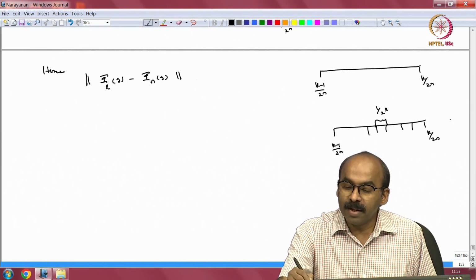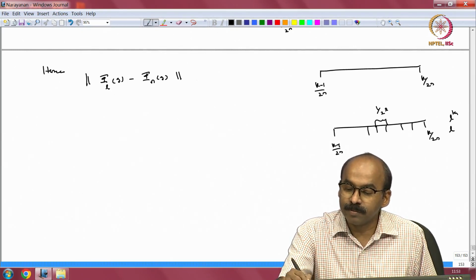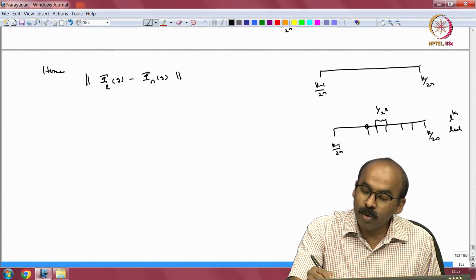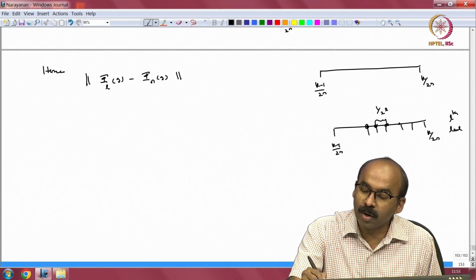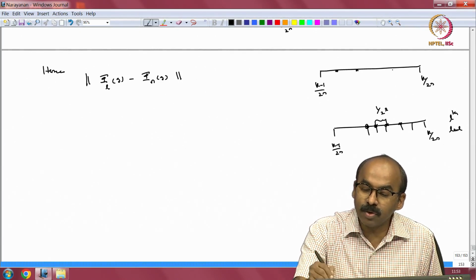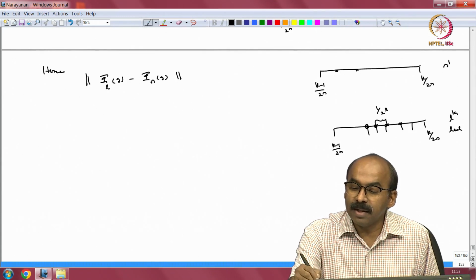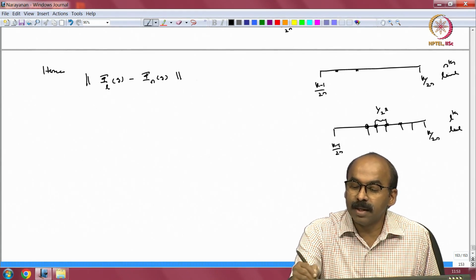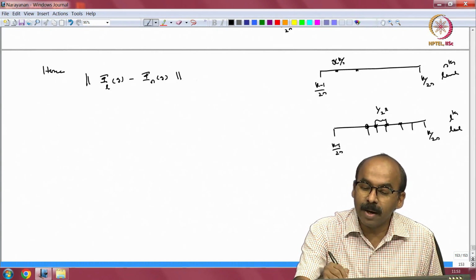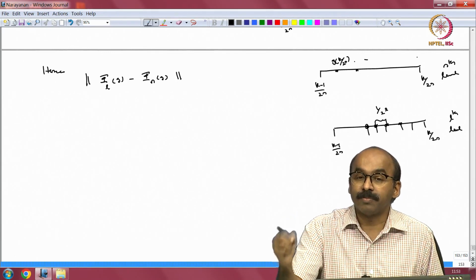So, let us say this is the nth level. At the nth level I take the G value here, here, here and so on, right. But when I divide these intervals, at the nth level the G value does not change, so it is G of k by 2 to the n at all these points.